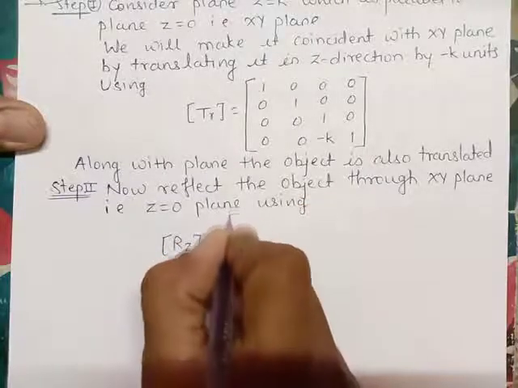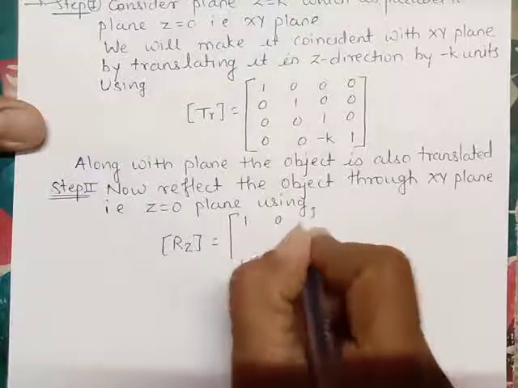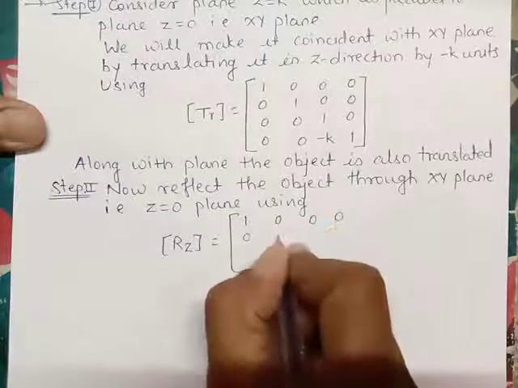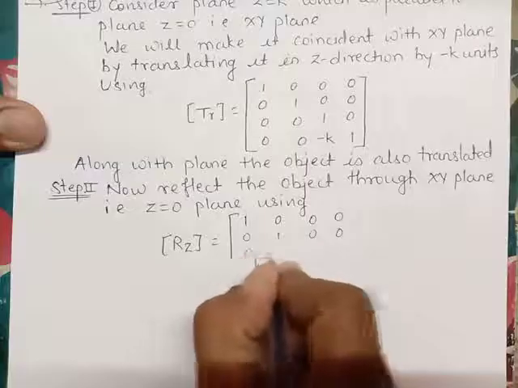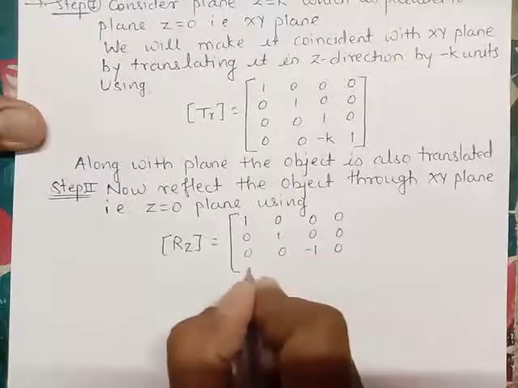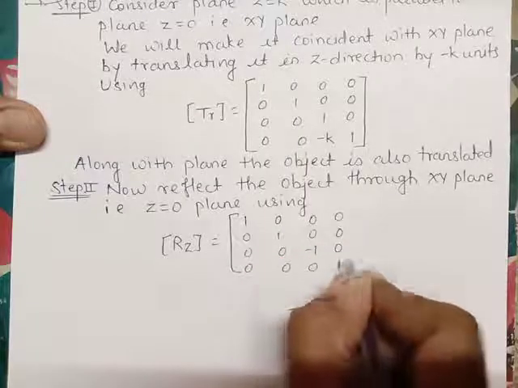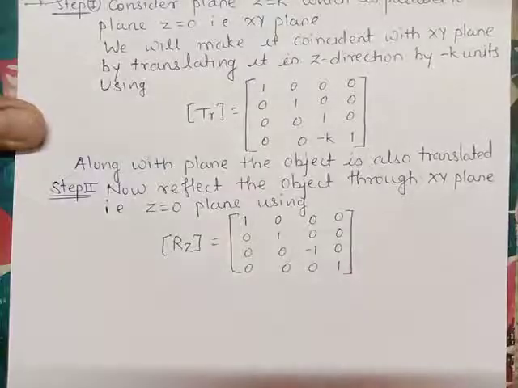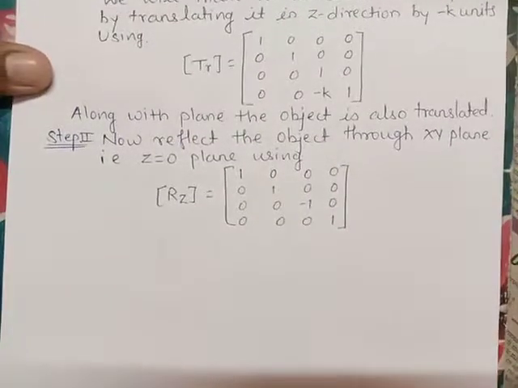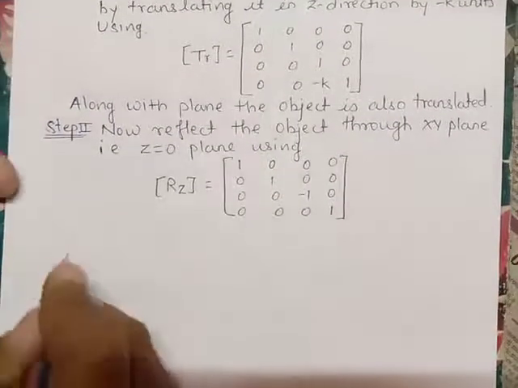Rz, you know that it is 1 0 0 0, 0 1 0 0, 0 0 minus 1 0, 0 0 0 1. This is the matrix of reflection through z equal to 0 plane.